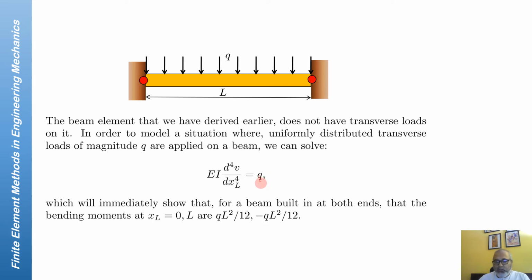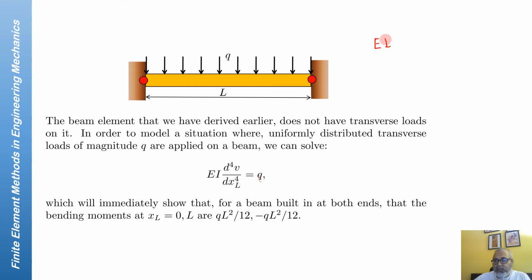Now I solve it with Q, and if the beam is built in at both ends, the bending moment and the shear forces will be obtained from the solution to this equation. I can solve this equation and I can find the bending moment and shear force.